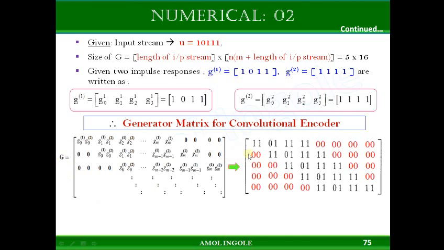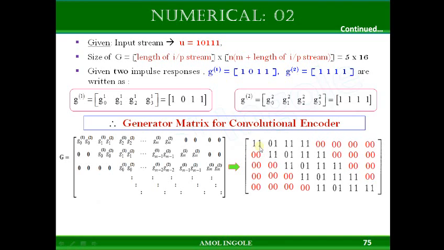The next row, that is in this case the second row of the generator matrix, will be obtained by shifting the first row by 2 spaces. Why 2 spaces? Because n is equal to 2 here. Why 2? Because there are 2 generator sequences, so there will be 2 outputs.